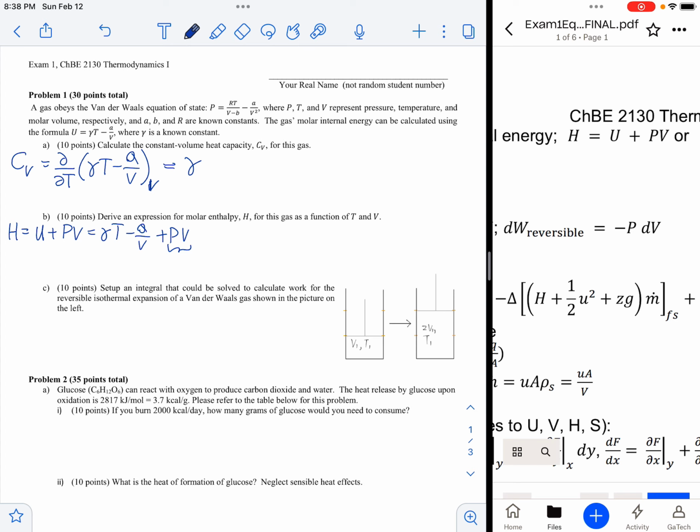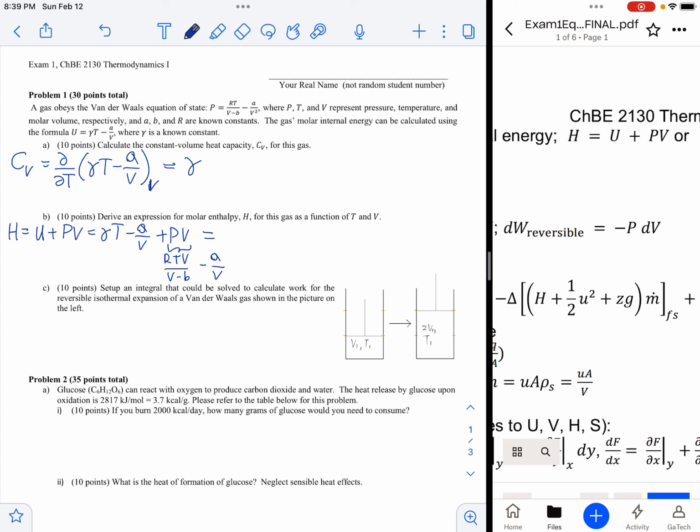So we're going to use the van der Waals equation of state to substitute for P. So PV is going to equal RTV over V minus B, minus A over V. And we can add these two together.